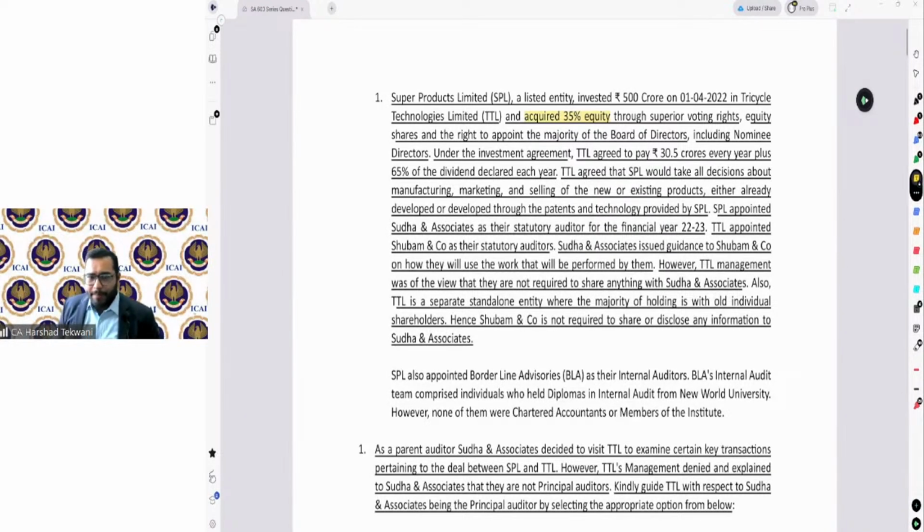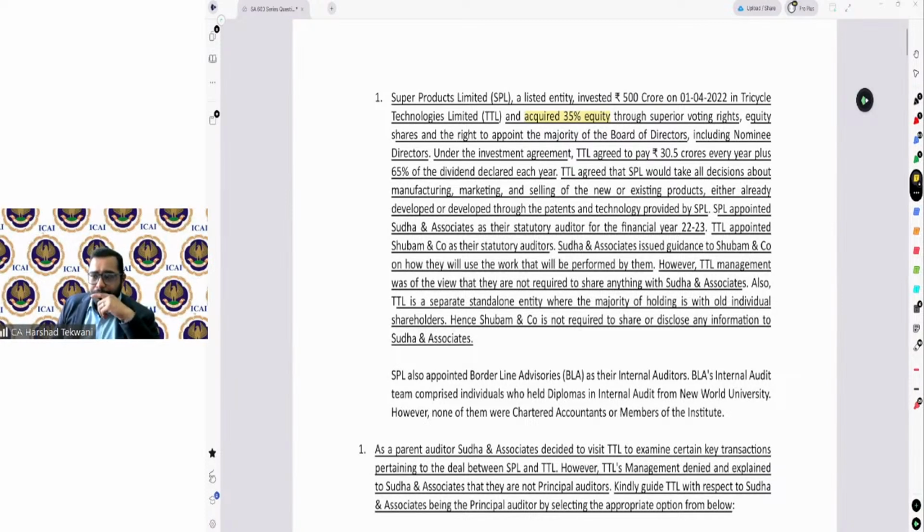Before you answer to that, tell me whether Super Products Limited is a holding company or not, and your answer should be based on the relevant provision, whatever it is. Okay, Namrata.